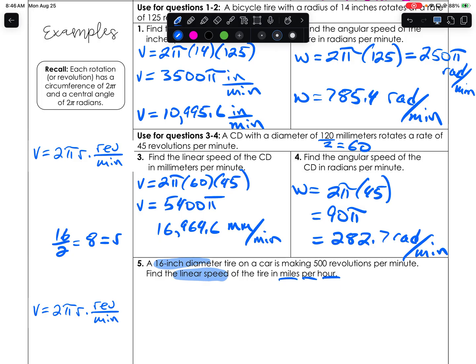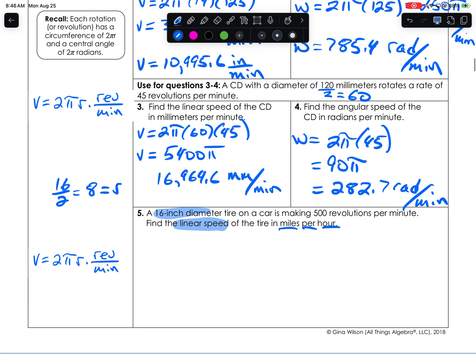So we get inches per minute for our formula, so we have to convert from inches per minute to miles per hour. So I'm going to plug into the formula here. 2 pi times 8 times 500, which equals 8,000 pi, and that is in inches per minute.